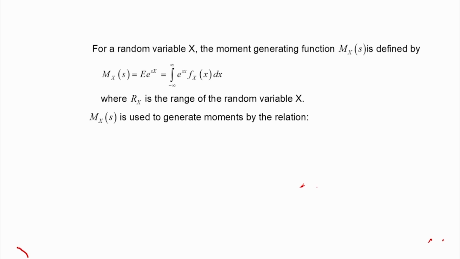We will see how we can have the relationship, and that is E[X^n] is equal to the nth derivative of M_X(s) at the point s equal to 0.